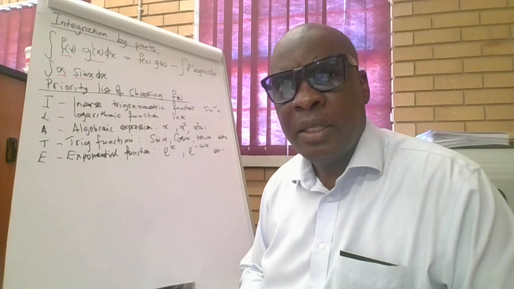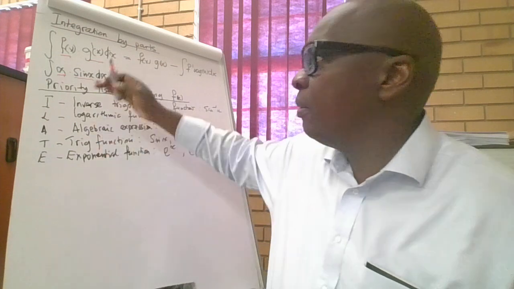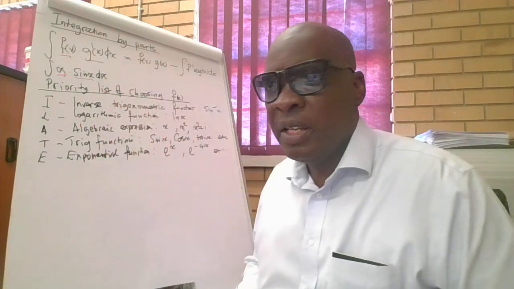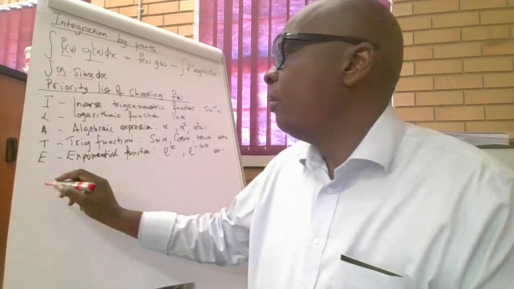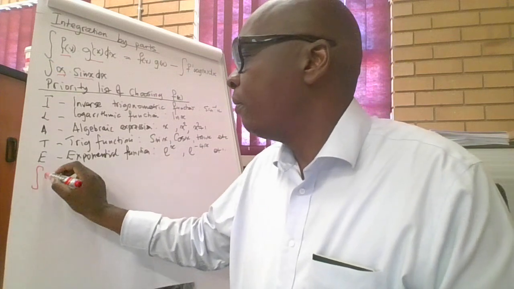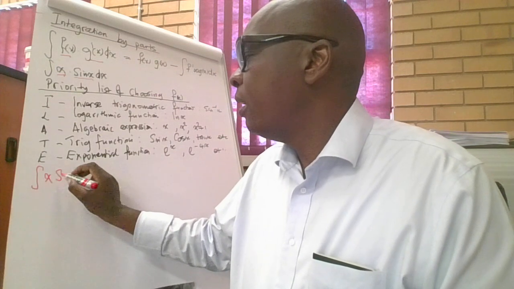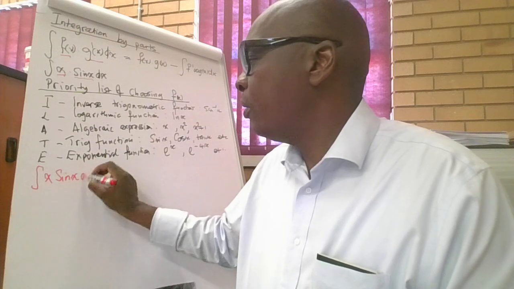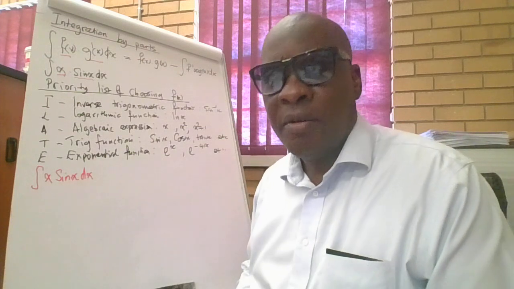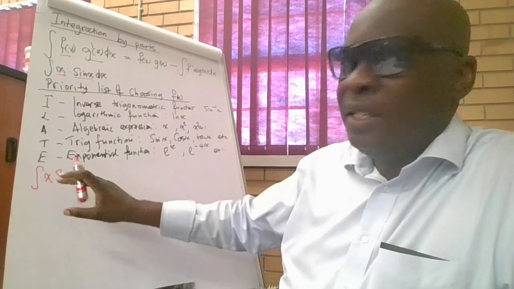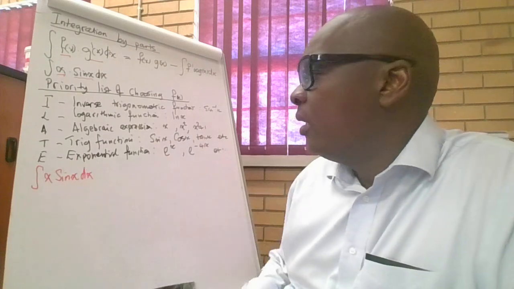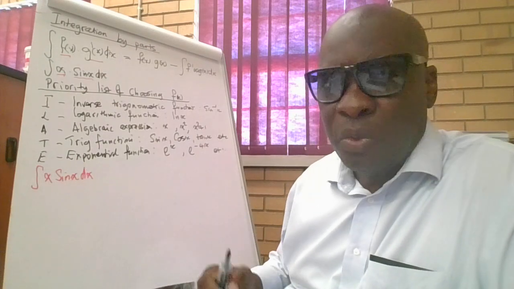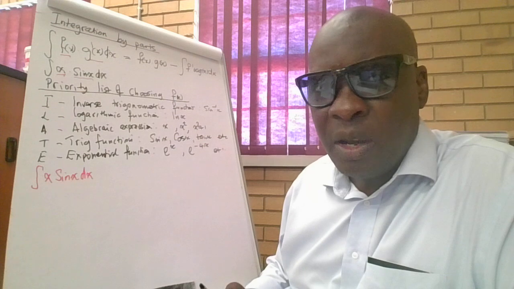Now, if we look at, for example, the function I gave you here, which is the integral of x sine x with respect to x, the very first thing that we ought to do is to choose what is going to be our f of x.